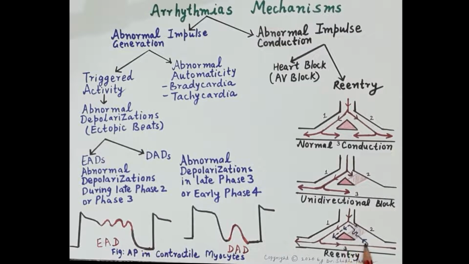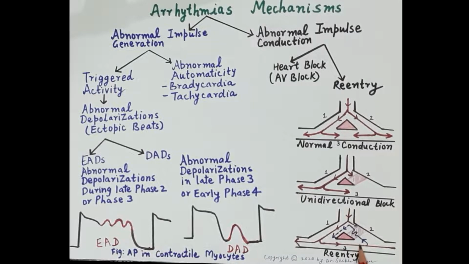So this wave re-enters branch 2 and continues propagating. It further propagates in branch 1, and if it does not stop, it will continue propagating in a circular manner. That means it will keep on re-entering, and that will result in the generation of extrasystoles, and that is responsible for the tachycardia.